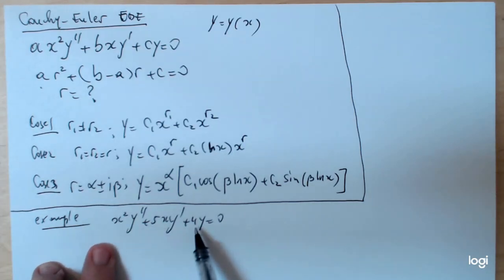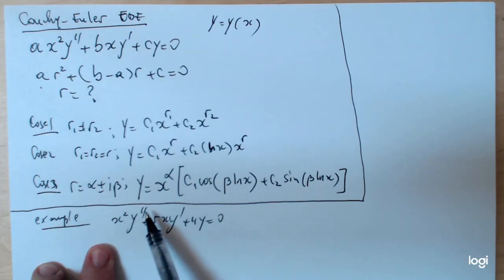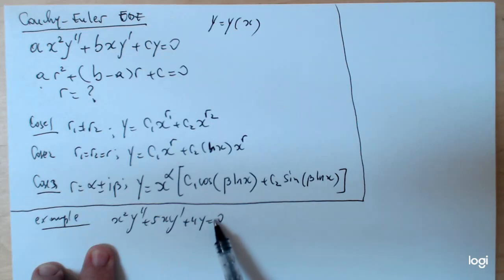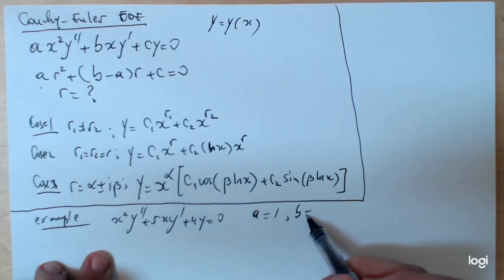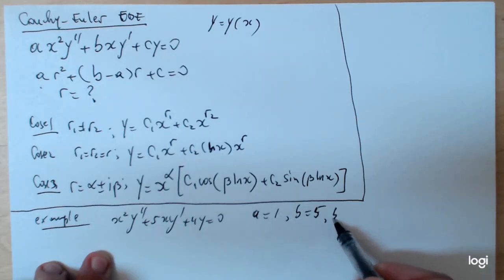It is a Cauchy-Euler type. Pay attention to the order of the derivative and the exponent: x squared with y double prime, x to the first with y prime, and then y by itself. So in this case, a is 1, b is 5, and c is 4.